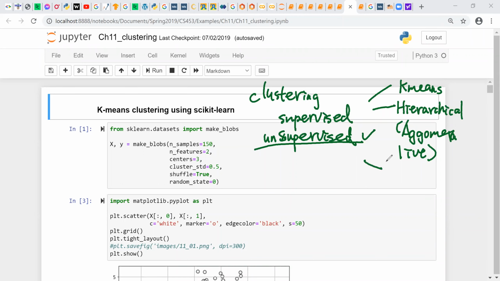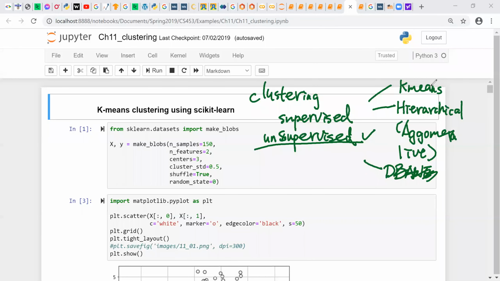And the last one is density-based, DBSCAN, with noise. I don't remember the exact name, but I remember it's density-based. Okay, let's take density-based spatial clustering. So the name here is a little bit wrong. Anyway, we learned the three approaches.